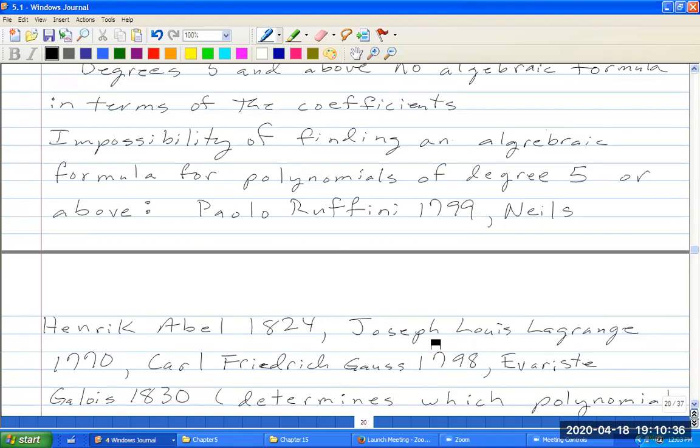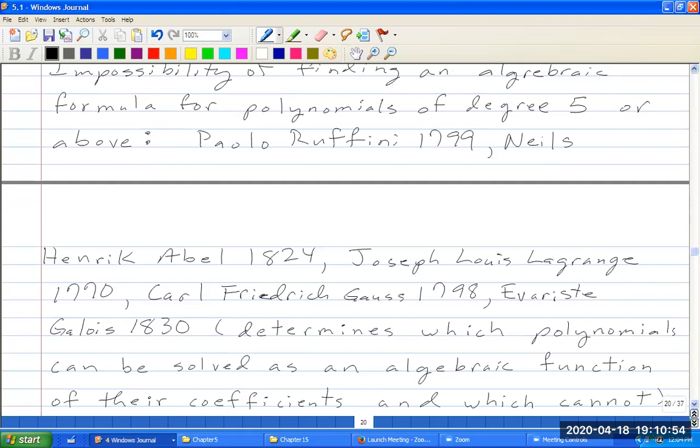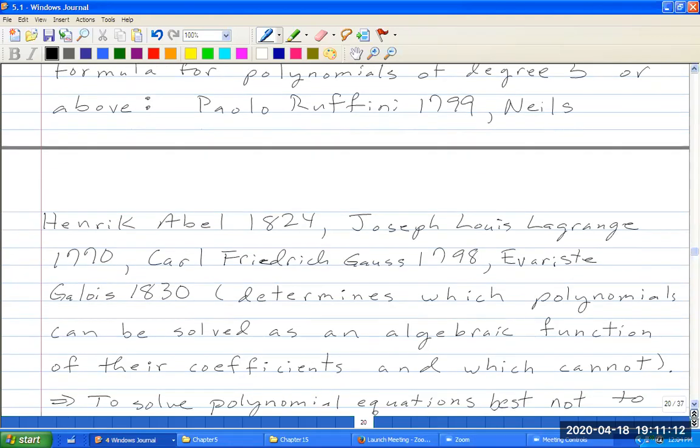It was hinted at by Lagrange in 1770 and by Gauss in 1798. It was further refined by Galois in 1830. He actually gave a technique that determines which polynomials can be solved as an algebraic function of their coefficients and which cannot.